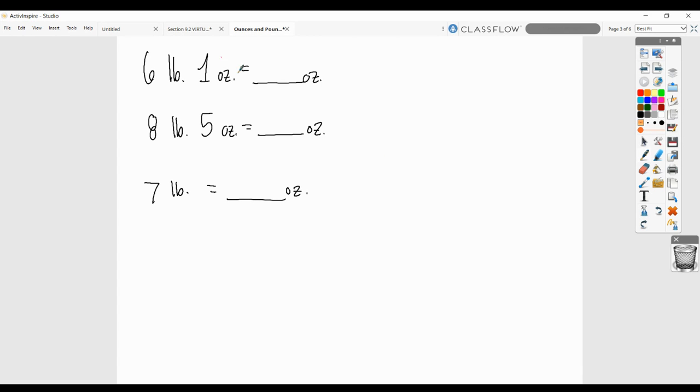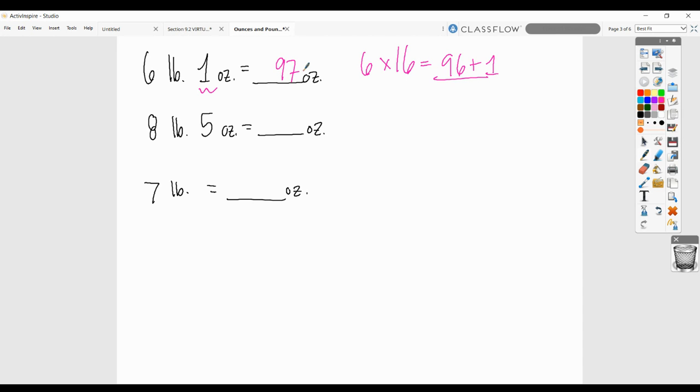So again, these three are taking pounds and putting them into ounces. For this one, we'll do 6 times 16 to get the number of ounces there. Then we'll add on the few little extra ounces, so just one more. So that's 97 ounces.